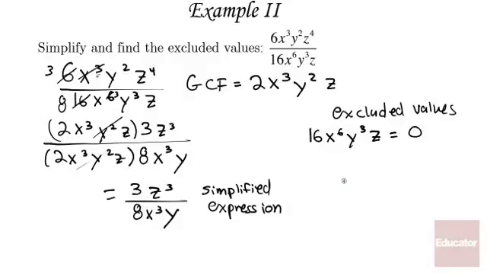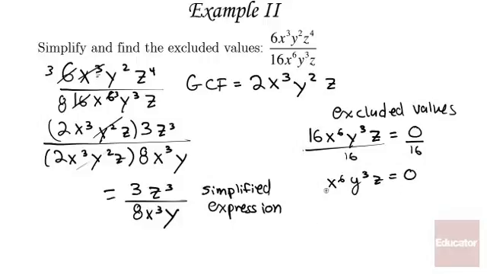I'm going to look for situations when this entire product equals 0. So let's just divide both sides by 16 to just get rid of the 16 over here. So divide both sides by 16, and that's going to become x to the 6th, y to the 3rd, z equals 0.